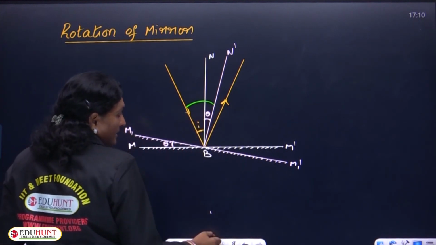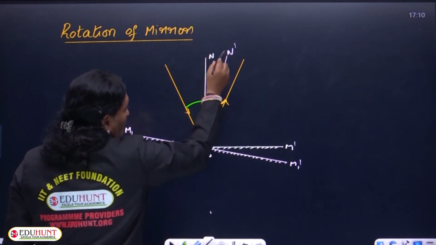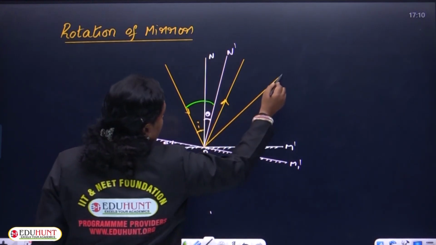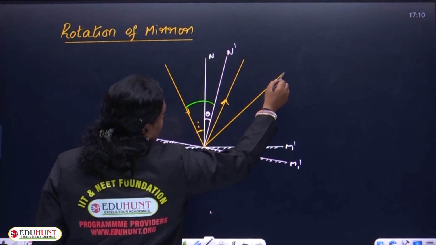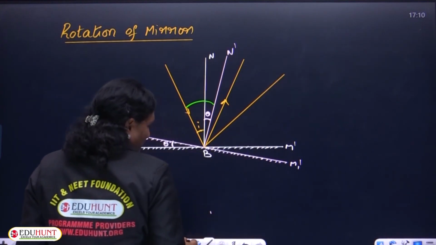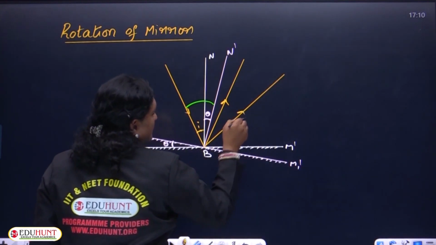Similarly, the reflected ray shifts based on this normal and takes a new position, something like this. I hope this is clear.